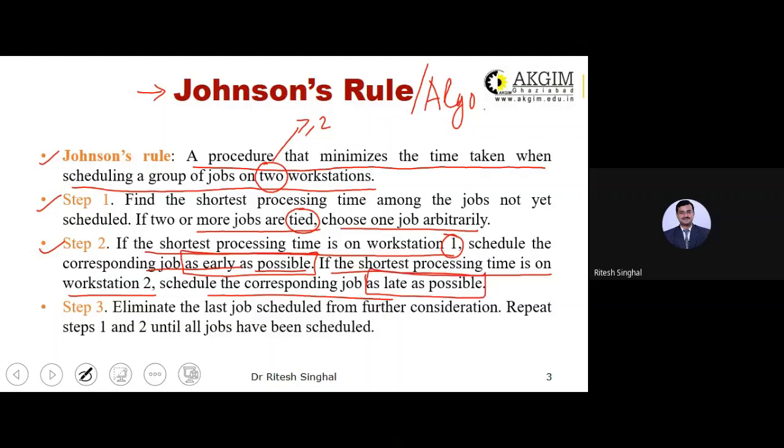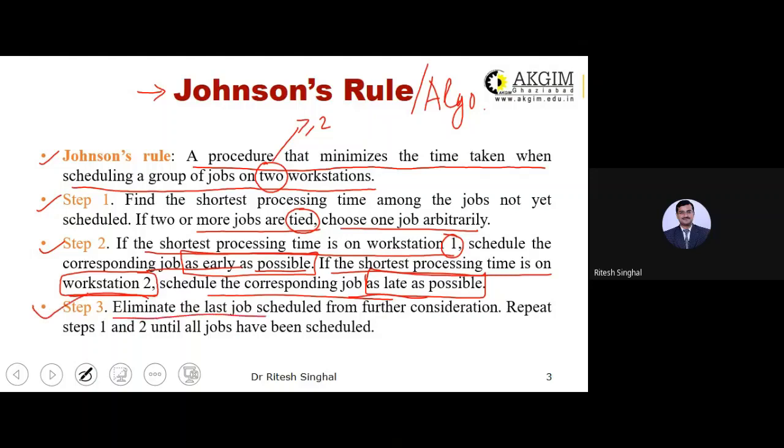So remember these two things in your mind: the minimum time is available with which machine, either machine 1 or machine 2. If it is machine 1, then schedule this corresponding task as early as possible, and if it is machine 2, then schedule this job as late as possible.